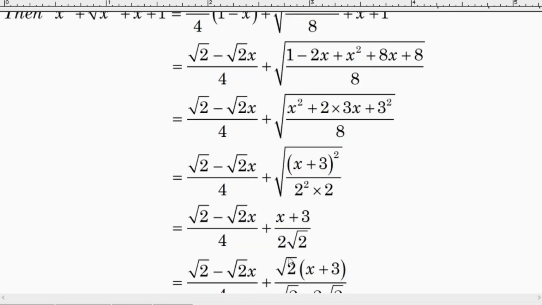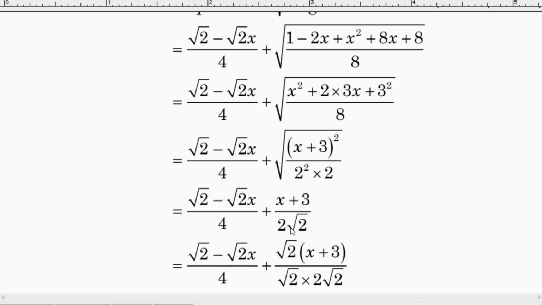So now from here we have to find the same denominator. So now I decided to multiply the denominator with square root of 2, and then the numerator here also multiply with the square root of 2. So square root of 2 times 2 square root of 2, that will be equal to 4, right?